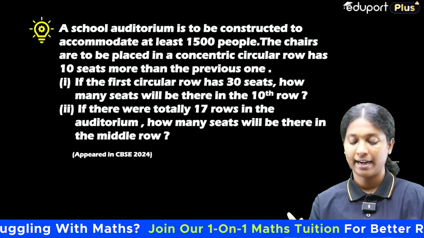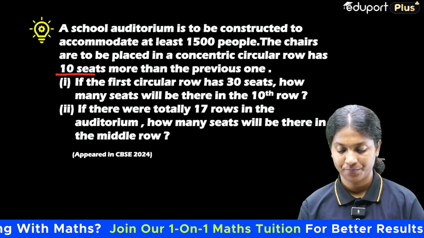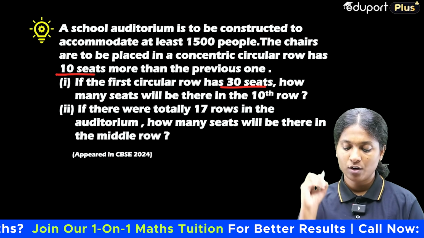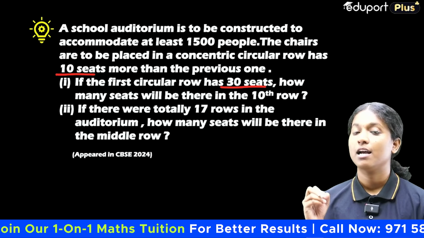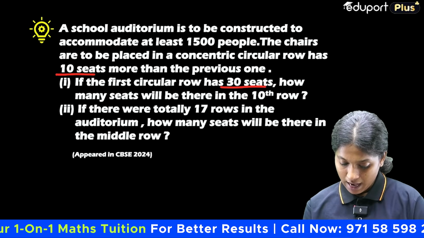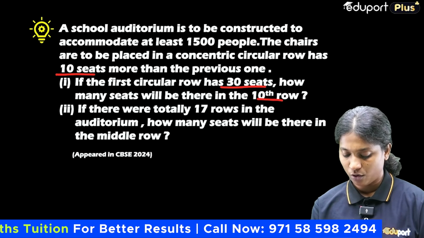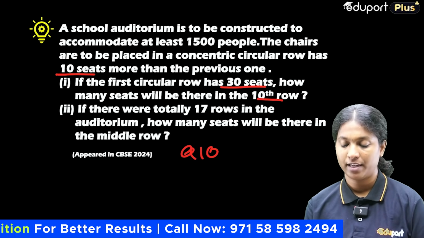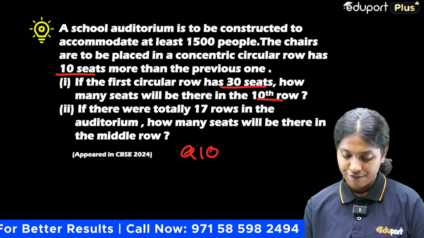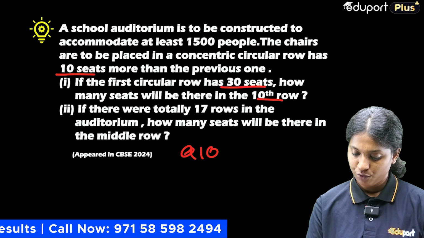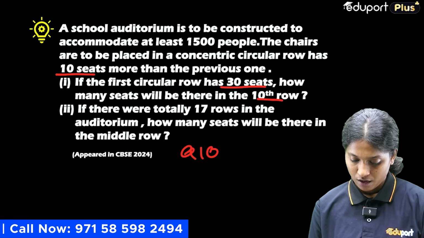So, 10 is being added, that is 10 is the common difference, and 30 seats is the first term. We have to find how many seats will be there in the 10th row, which is A10.